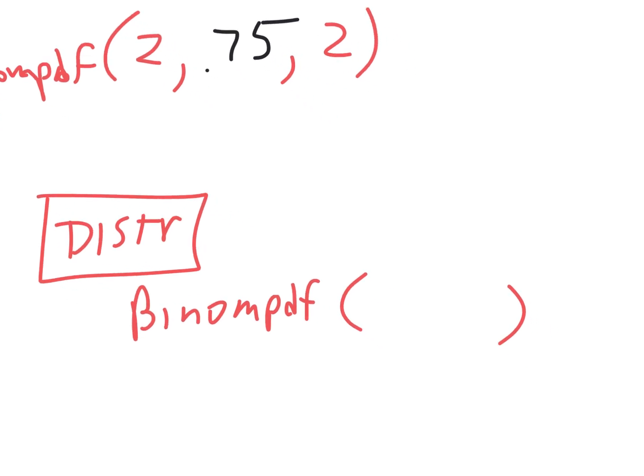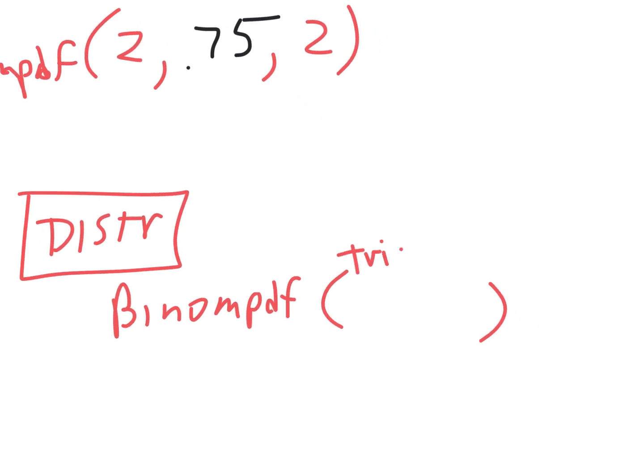The first thing they ask you is trials, which we had 2 trials. The probability, which we had 0.75, that's the P. And this last thing is called the X. It's how many you want, and we wanted 2.